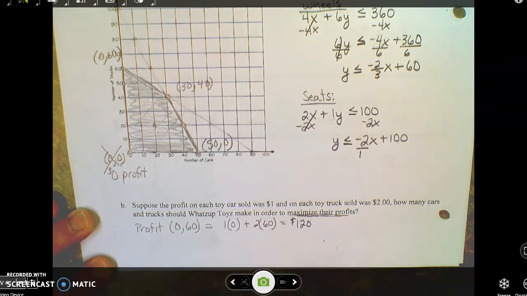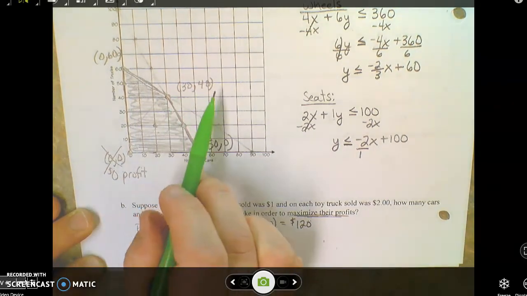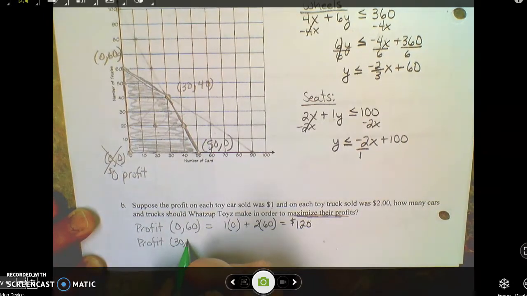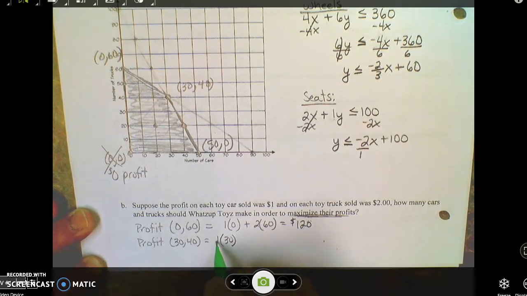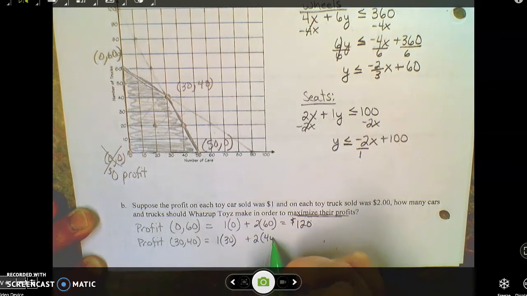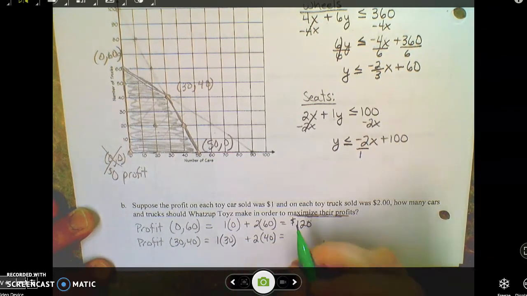Now, that's just for one day, so that's pretty good. The profit for the 30-40 would be 1 times 30, so $1 for each, plus $2 for this 40 trucks, would be 30 plus 80, that's only 110.